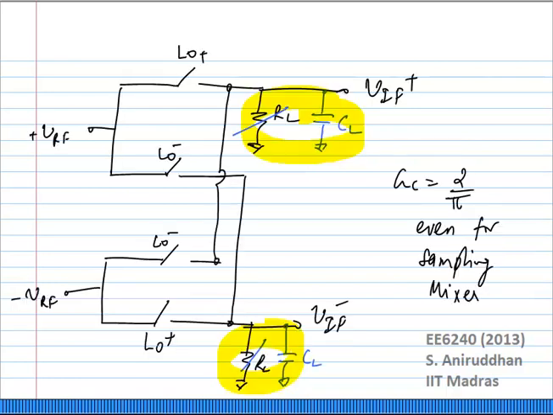So if you want to use this, you could choose to add outputs as currents, to preserve the conversion gain which you had for a single balance mixer.